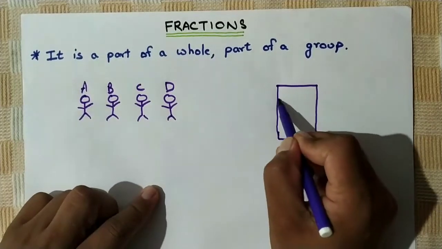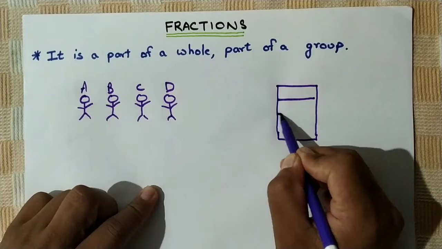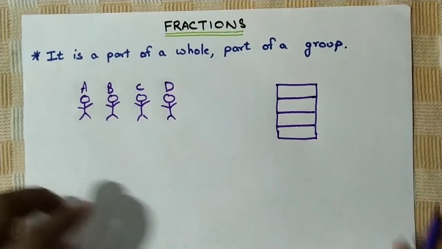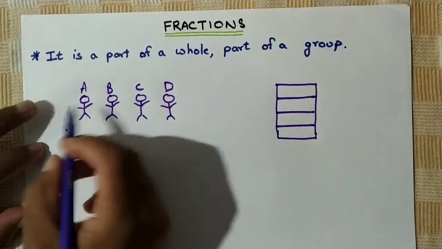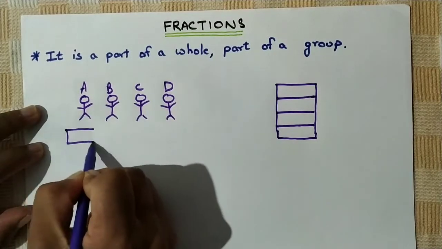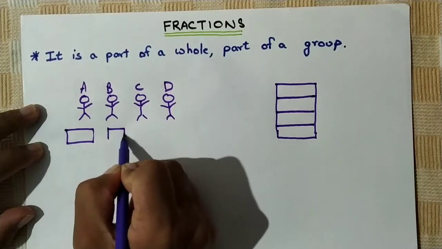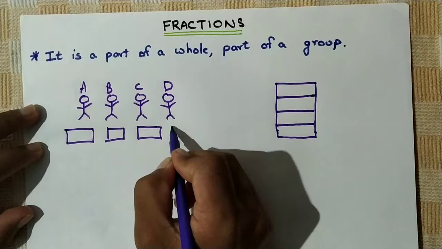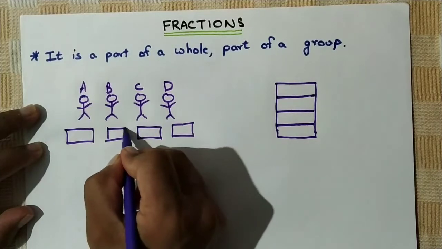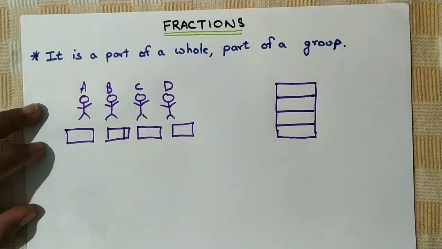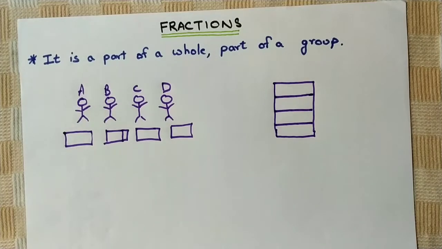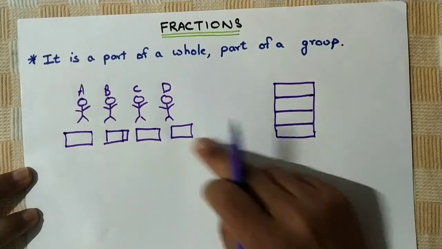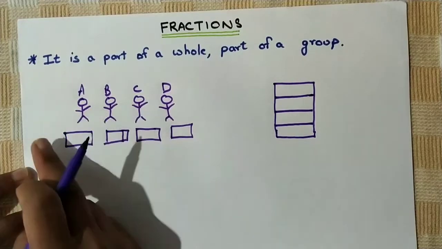So 1, 2, 3 and 4. One piece goes to A, and another piece goes to B, another to C and another to D. So now this chocolate bar has been equally distributed, so these are also known as fractions.